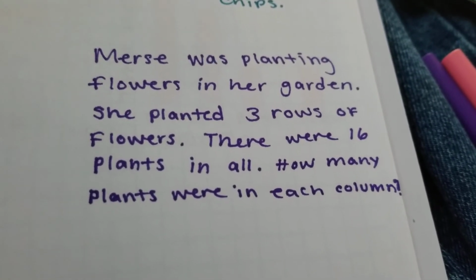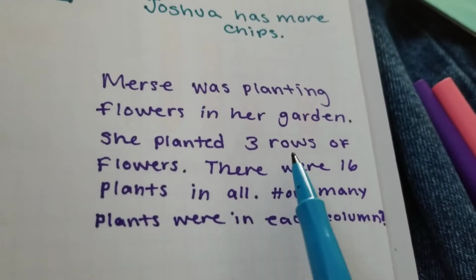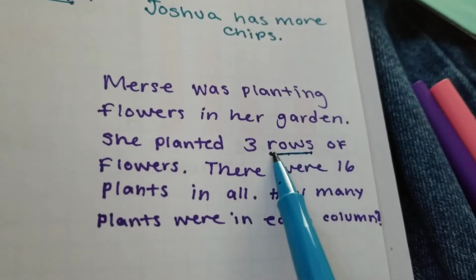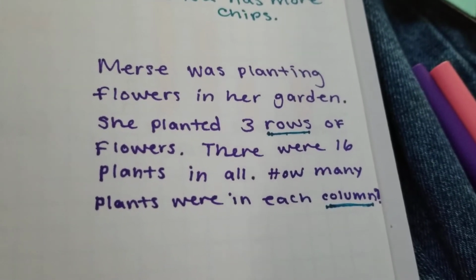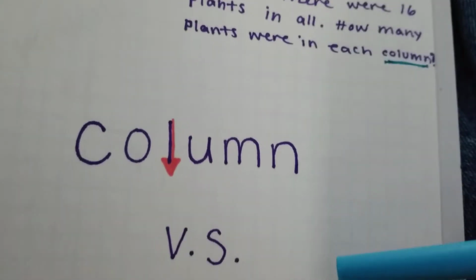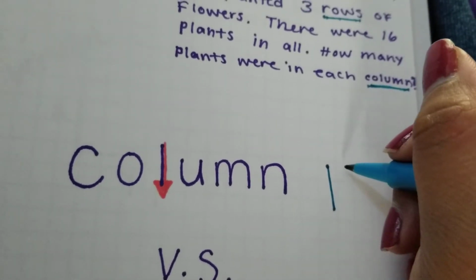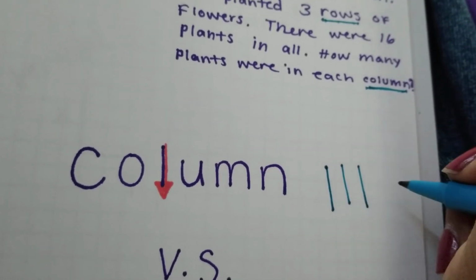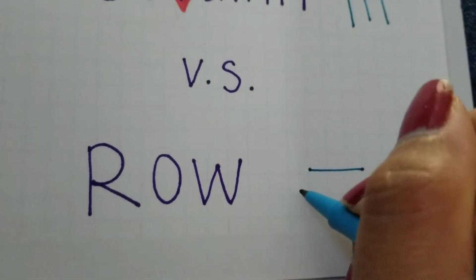So they're making sure that you know the difference between rows and columns. We've talked about this before in the classroom, but remember, column is when you're going down, and a row is going side to side.